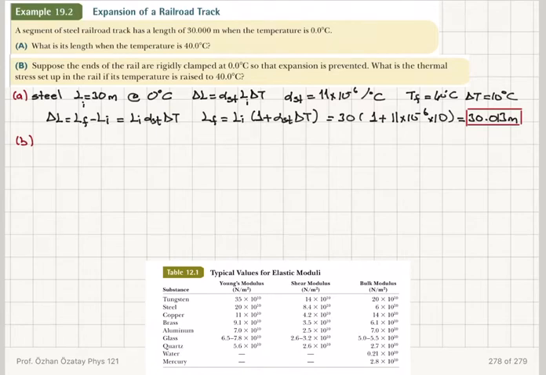Now, normally I expect a change in the length from 0 degrees C to 40 degrees C. It is given by alpha L initial times 40 minus 0. So this will be 11 times 10 to minus 6 times 40 times L initial. So there will be a change in length by this amount.